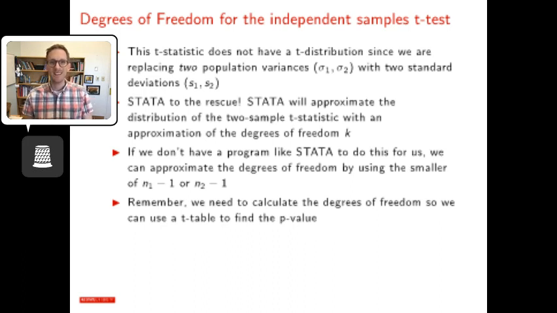Now, the t-statistic does not have a t-distribution since we're replacing two population variances with two sample standard deviations, okay? But Stata is going to go ahead and approximate that for us. If we don't have Stata doing it for us and we have to do it by hand, one way to approximate the degrees of freedom is to use the smaller of the two sample sizes if they're unequal sample sizes, okay? If they're the same sample size, then you just pick one, all right?